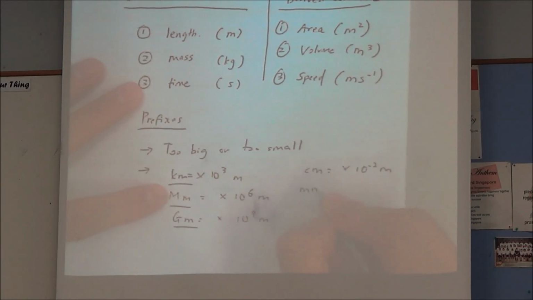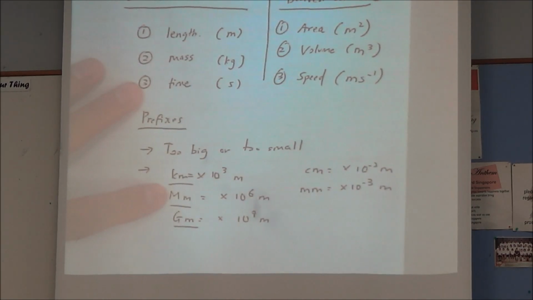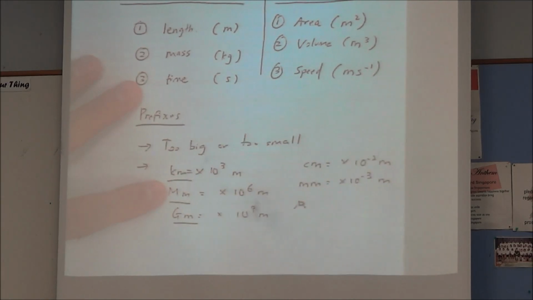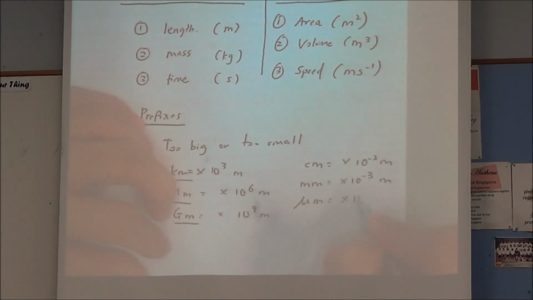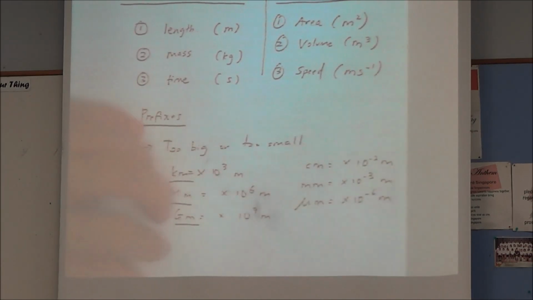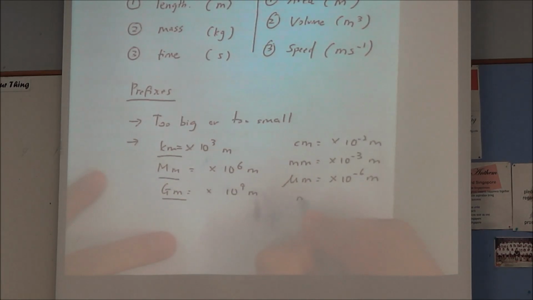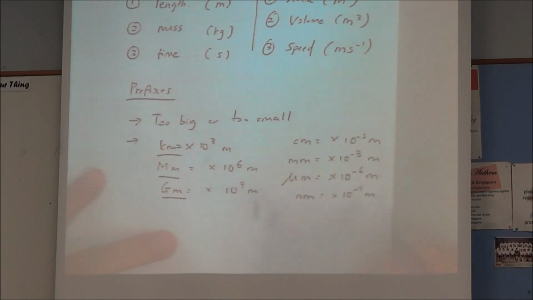Millimeters, 10 to the power of -3 meters. Micrometers, micro is written like this, times 10 to the power of -6 meters. And there's another one even smaller, nanometers, times 10 to the power of -9 meters.